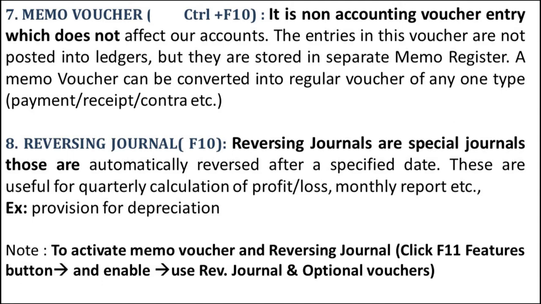And remember to activate memo voucher, reverse journal and optional vouchers in F11. That means click on the F11 features button and enable use reverse journal and optional vouchers as yes. Otherwise, it will not display these vouchers in the voucher entry screen.